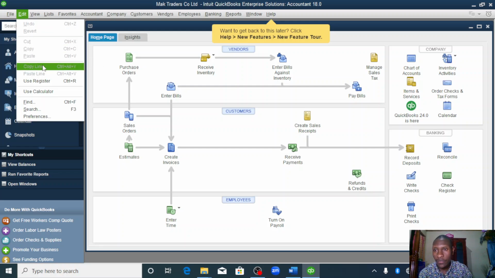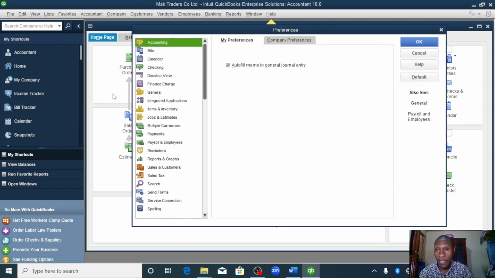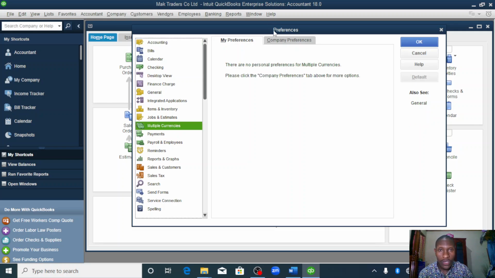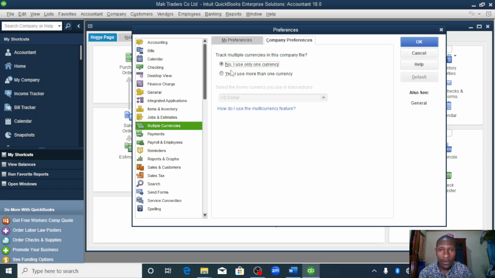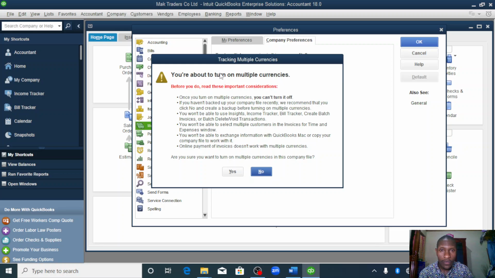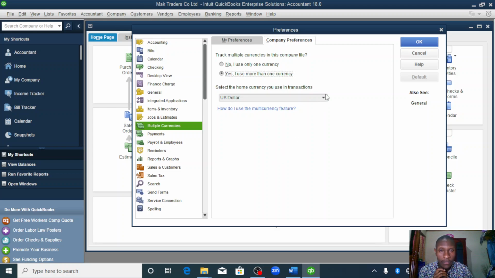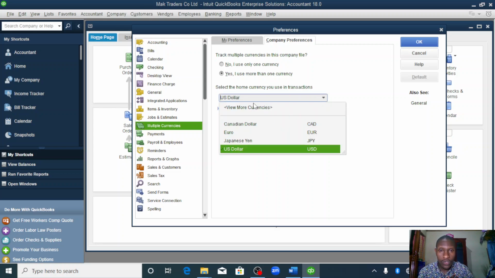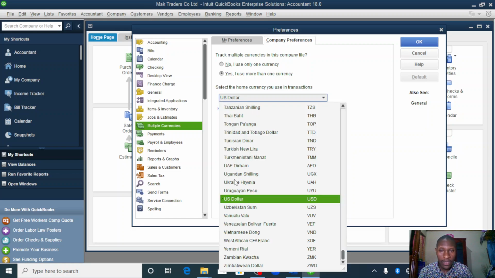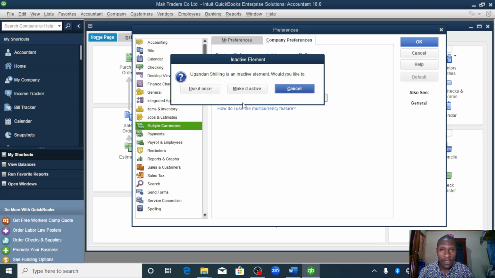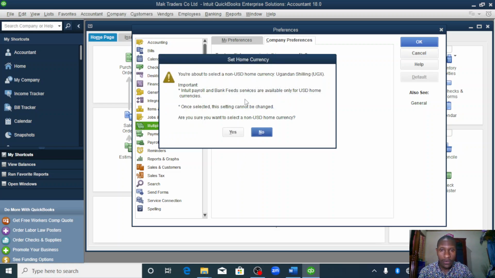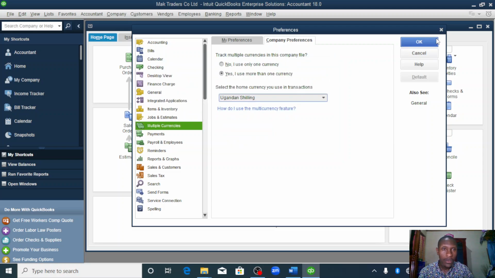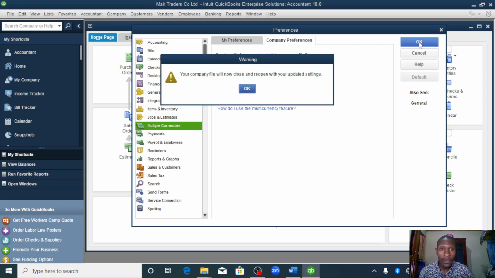We go to edit, we go to preferences, then we go to multiple currencies, we go to company preferences, we go to I use many currencies, you say yes. We come here, we go to more currencies, we look for our Uganda shillings, we set it there, we make it active, we say yes, and then we say okay.